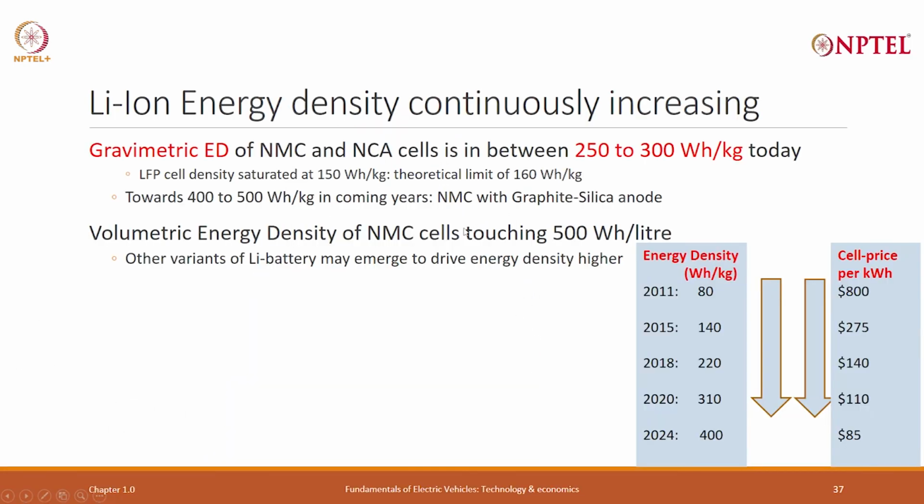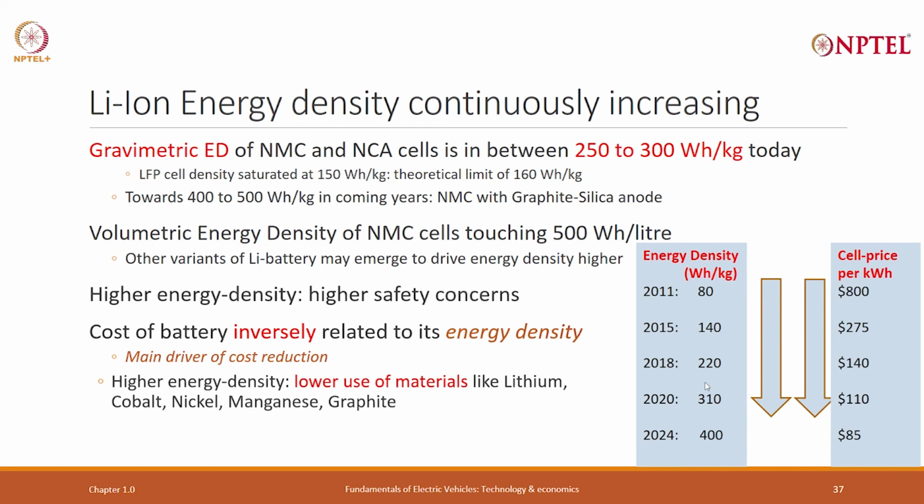Even in cathode, you make a nickel rich cathode and reduce the cobalt, you see energy density going up. Volumetric energy density 500 watt hour per liter, and you see the price as the energy density keeps on going up from 80 to 400, the prices also keep on falling down. So that is what we are seeing.